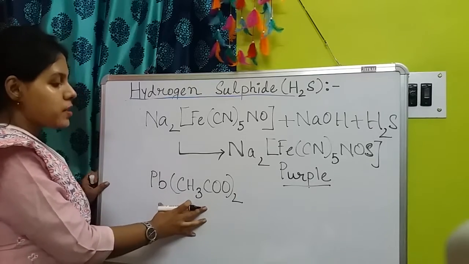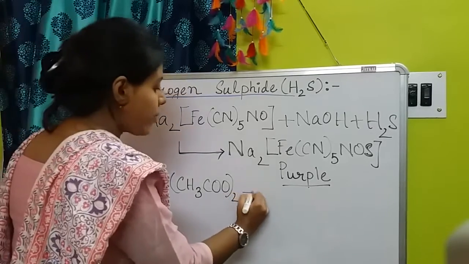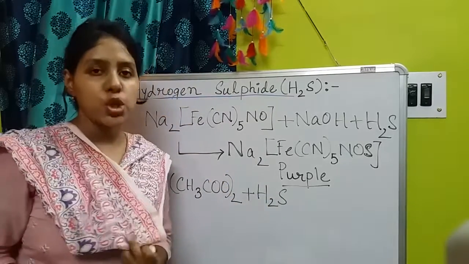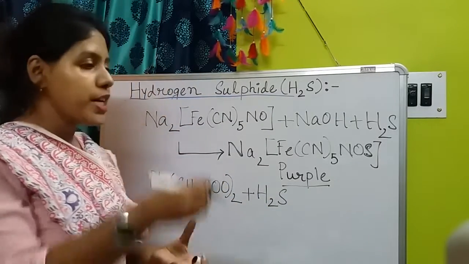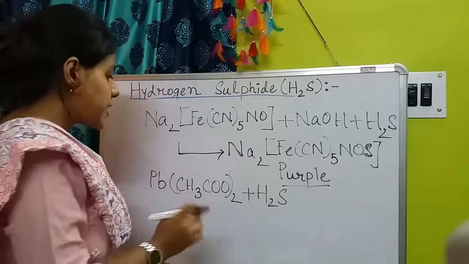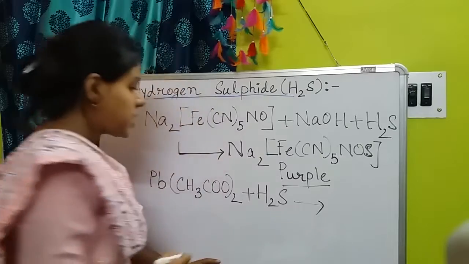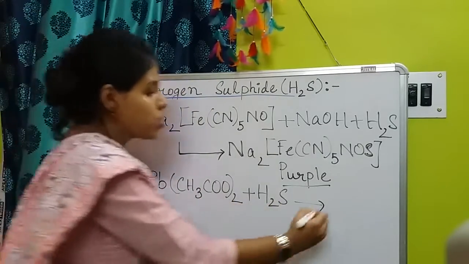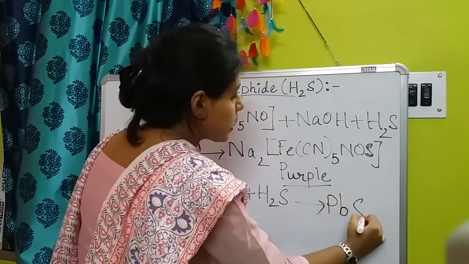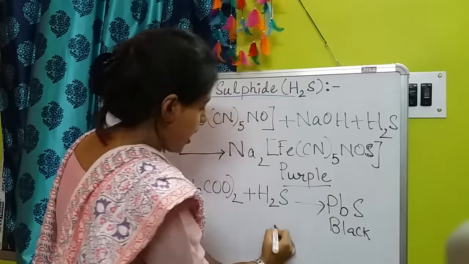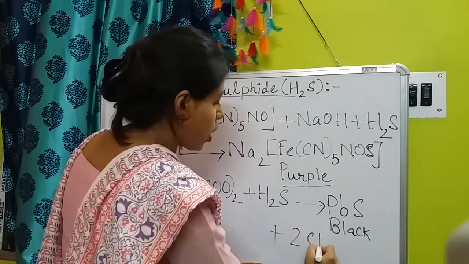Okay, the lead acetate paper you have to take and keep it in the flow of H2S gas, or dip it in a glass jar containing H2S gas. Then there will be formation of lead sulphide, that is black in color, and acetic acid, CH3COOH, will also be formed.